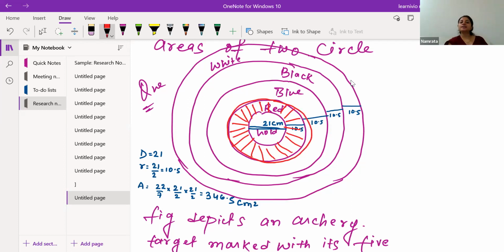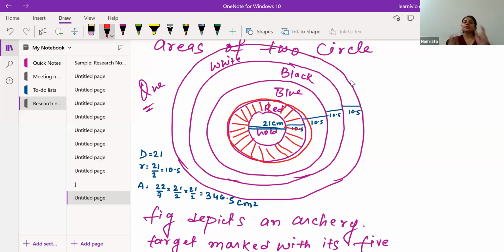That circle's radius is what? The inner circle radius plus the outside width, right? Are you getting it? Yes, ma'am. This circle's radius will be the radius of gold plus its own width. So the radius of gold is 10.5 and its own width is 10.5.